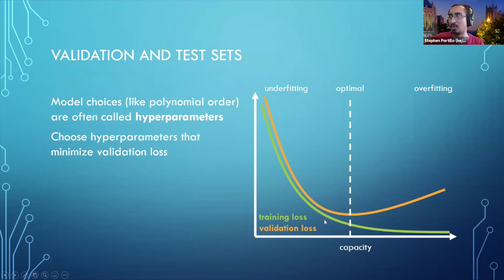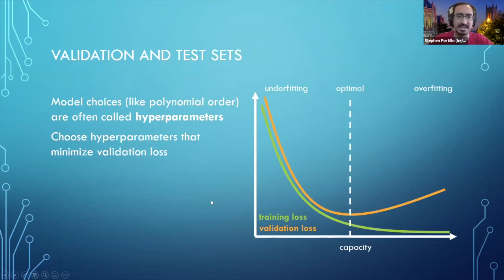If you make a model more flexible, you give it more capacity, it'll always do better on the training set. But if you look at the validation set, there's a point in the middle that's close to optimal, where the model is flexible enough that it can explain the data, but it's not so flexible that it's perfectly fitting the training data at the expense of everything else.